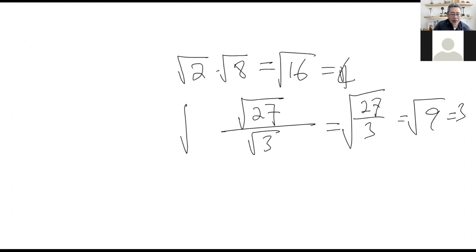So now we're looking at radical equations. Some could be pretty easy. For example, square root of 3x equals 6. Then we just square both sides.